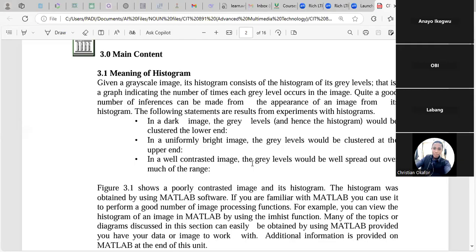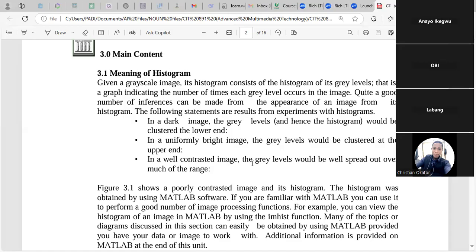Some ladies, and even some guys, are dark in complexion. When they take a picture, they use applications like Snapchat and the rest to enhance it, and their complexion becomes fair. But in real life, they are what?